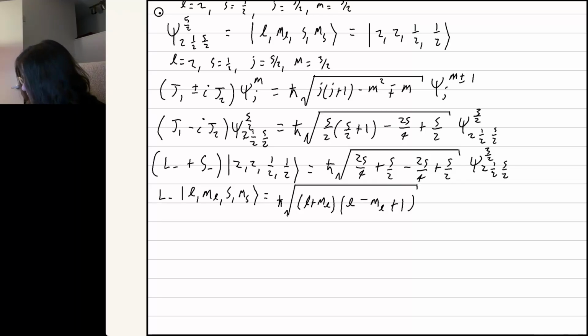That multiplied by the same state but with the ML reduced by 1. So it'll be 2, 1, 1/2, 1/2.